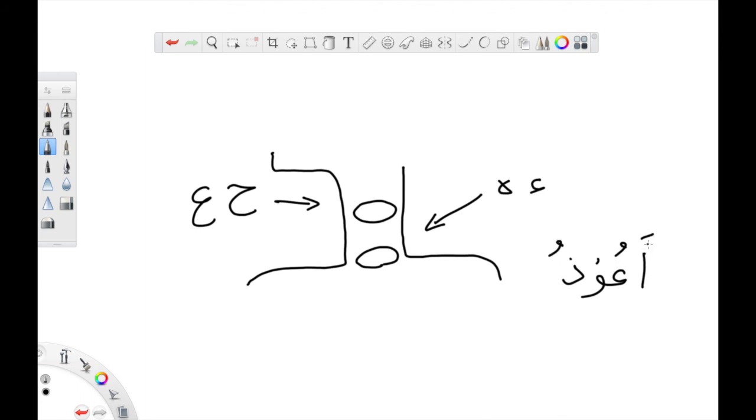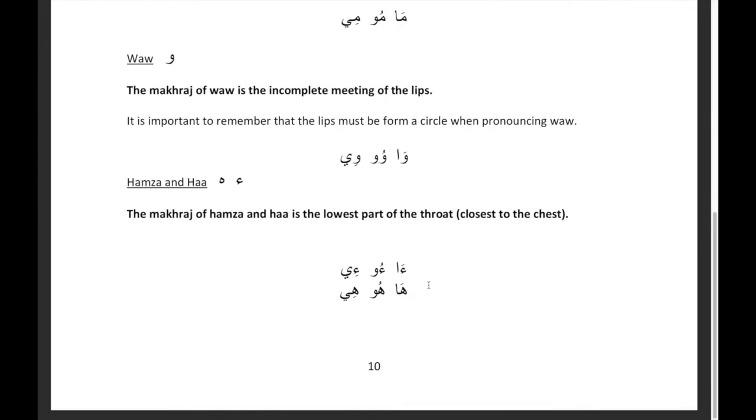So this right here is a Hamza, at the bottom of the throat, and the center of the throat is Ayn. So it's a little bit tricky to switch from the bottom to the middle, but with practice it will come, inshallah. A'u, a'u. So let's go through these. Ha, Hu, Hi.